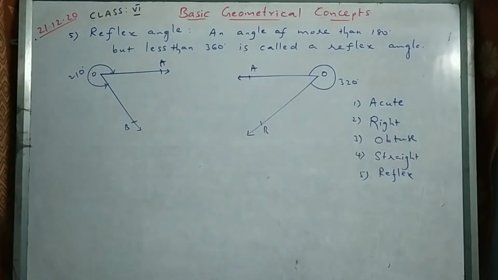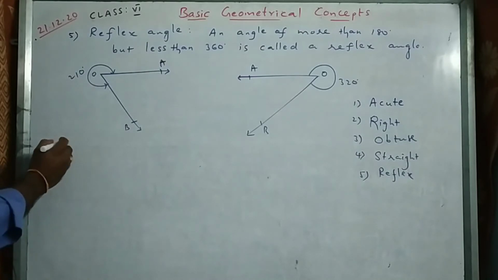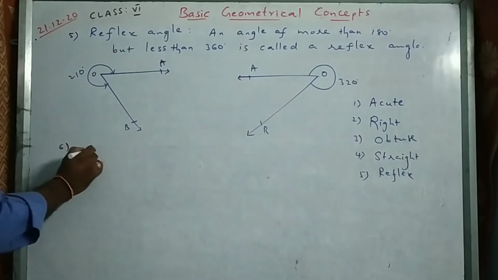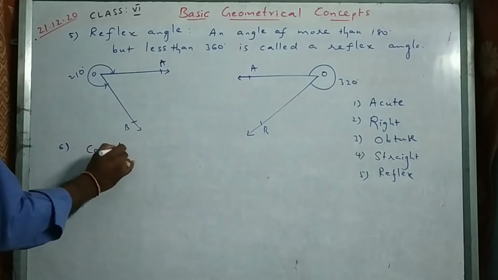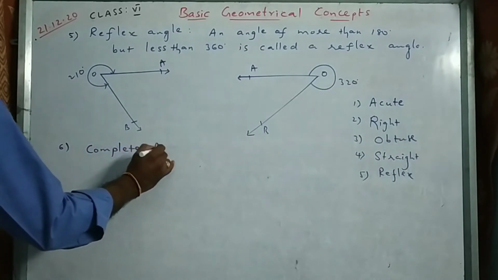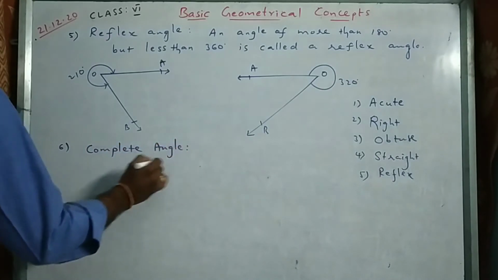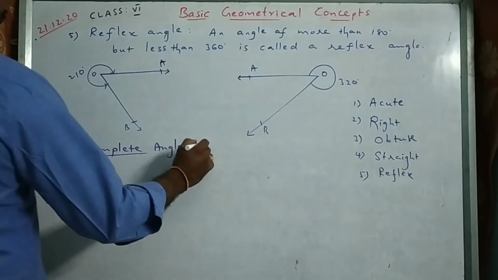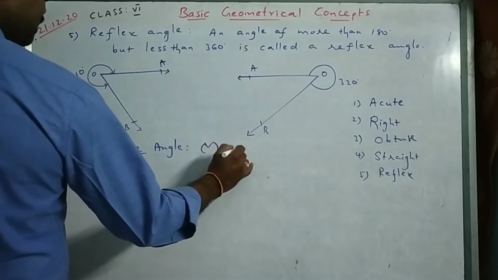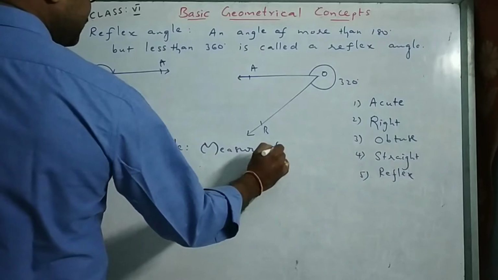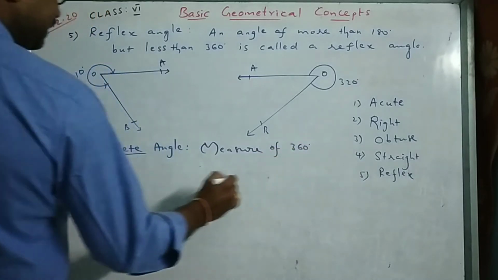Next we will be getting complete angle. I will explain. Complete angle, 6th one. Complete angle means measure of exactly 360 degrees.